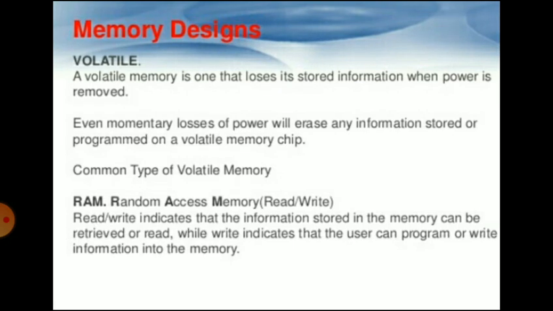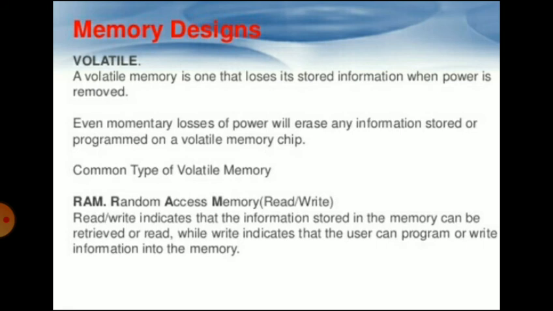Then memory. Memory devices are where the control plan or program is held or stored in a controller. Memory is divided into two categories, volatile and non-volatile. Volatile memory is one that loses its stored information when power is removed.